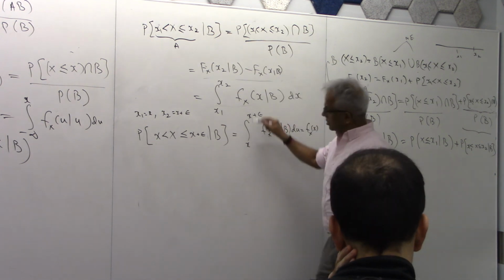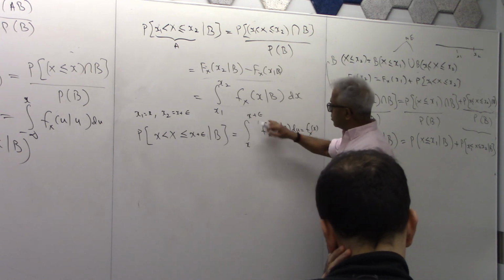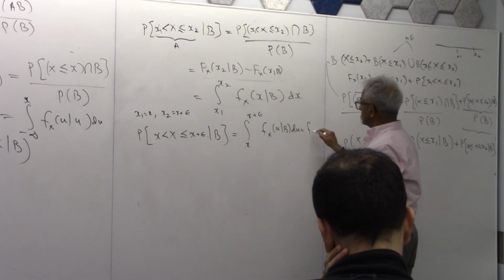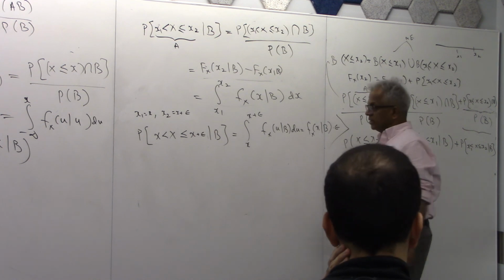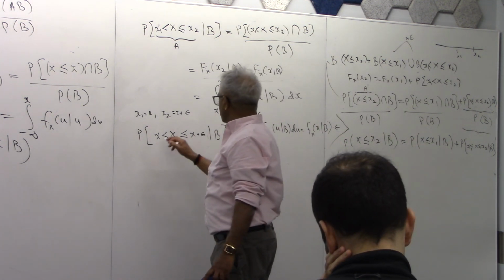So these two points being very close, this integral is just the value at one point multiplied by epsilon. So we get this identity. And on the other side, you also get this one.